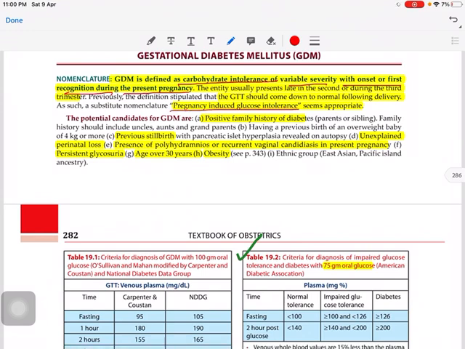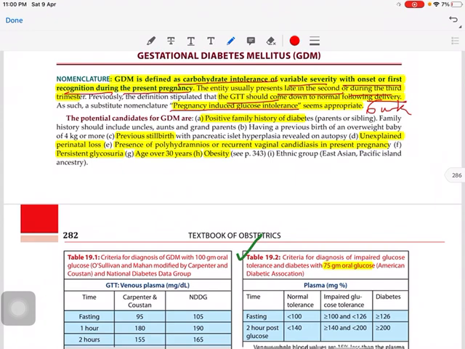Pregnancy induced glucose intolerance is a more appropriate term. Okay, it usually presents in the late second or the third trimester, because during this time the insulin resistance is maximum in the body. Okay, so it comes back to normal within 6 weeks of delivery, in the puerperium.